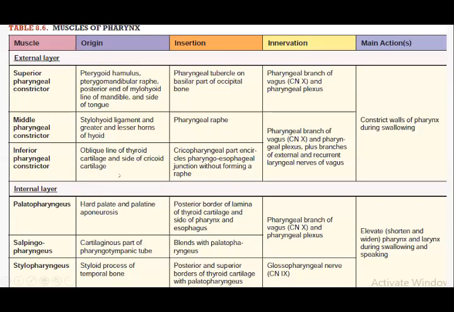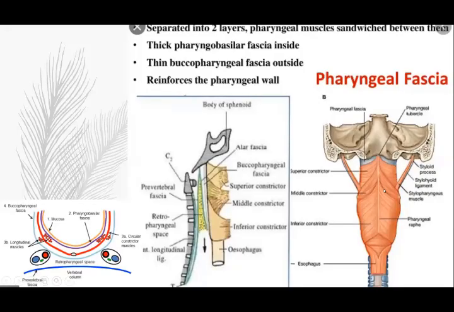Middle constrictor stylohyoid ligament से आता है, greater and lesser horns of hyoid bone. ये आपको पता होनी चाहिए बातें. अभी मैं I'll do the hyoid bone tomorrow इंशाल्लाह. और pharyngeal raphe, अभी आपको मैंने raphe between the muscles दिखाई. ये this is the pharyngeal raphe, interdigitating fibers. और ये जो है ये pharyngeal tubercle है, under surface of the base of norma basalis में.